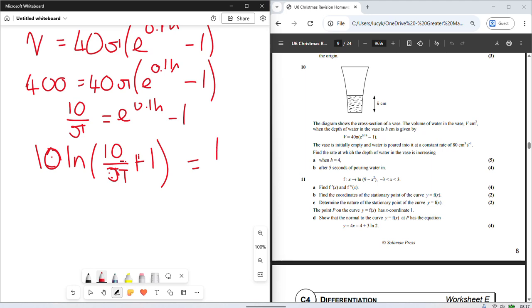So I think h is that thing there, which isn't very nice. So you're going to have to put that in on your calculator, and that gives you a height of 14.31, roughly. And then that would be in centimetres.